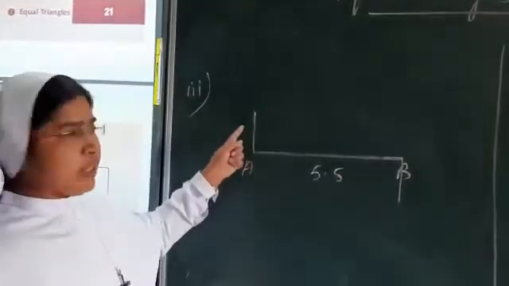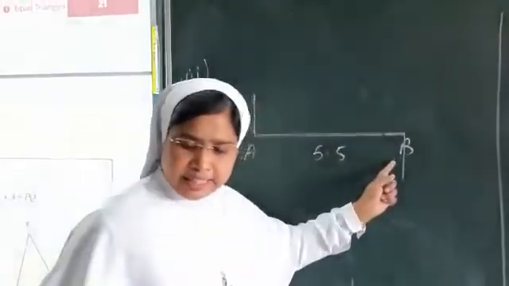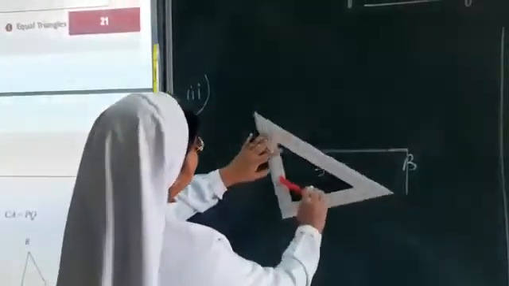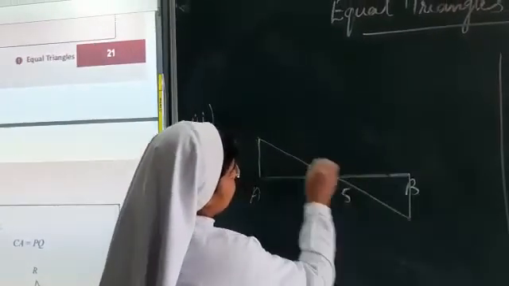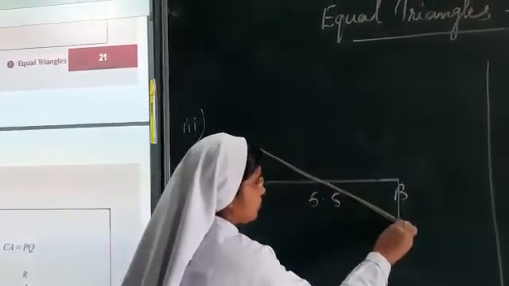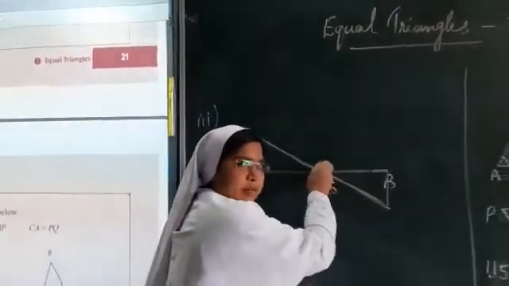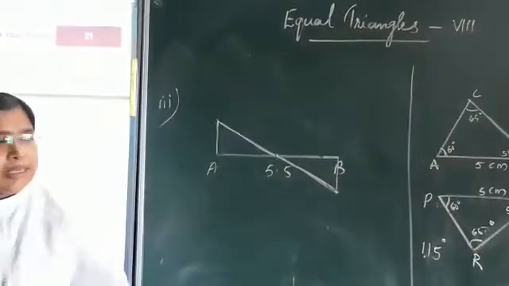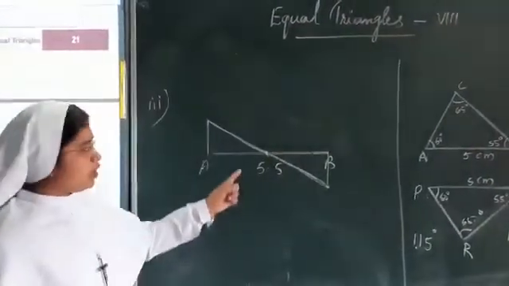So you have to draw here at one end and the same way at the other end. Then join these two ends together. Then where they intersect, that is the midpoint. So using the set square we can find the midpoint.